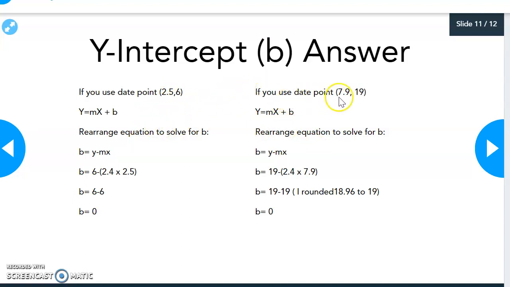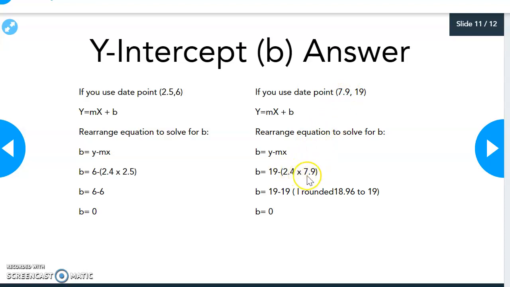So if you used the 7.9, 19, we use that general equation and rearrange it to solve for b, the y-intercept. So b equals y minus mx, and now we're just plugging in these data points. So b is equal to y, which is 19, minus our slope of 2.4 times our x, which is 7.9.